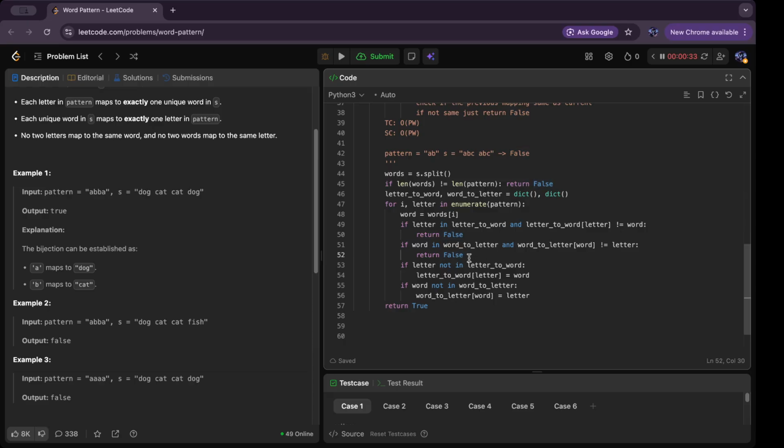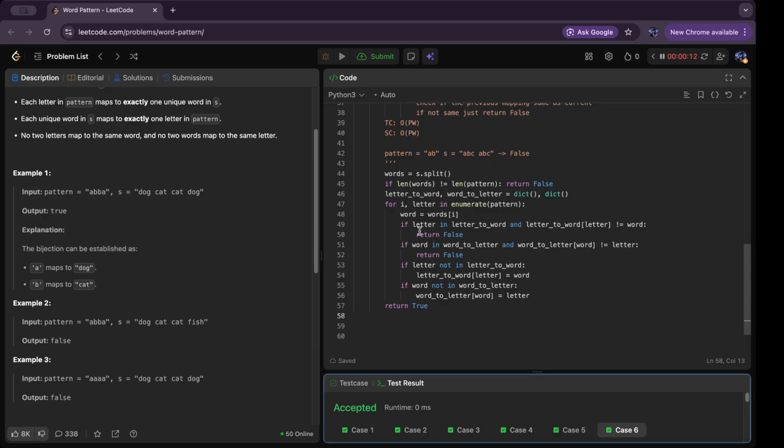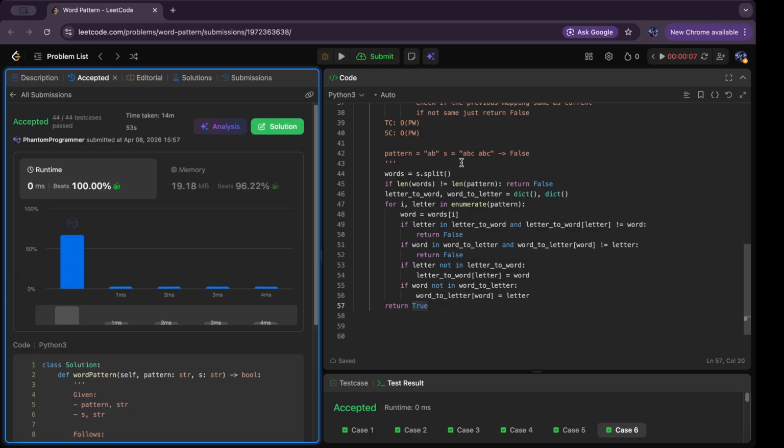If word is in word to letter and it is not the same, return false. If letter not inside, then update. It should be correct. Okay, let's submit to see whether it passes.